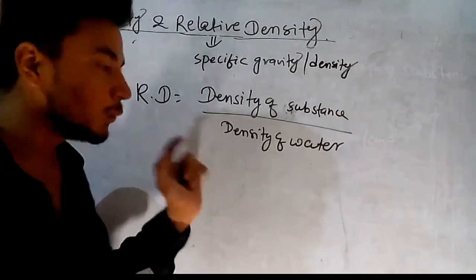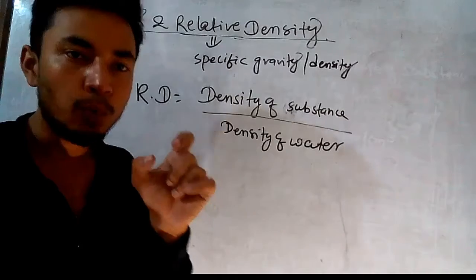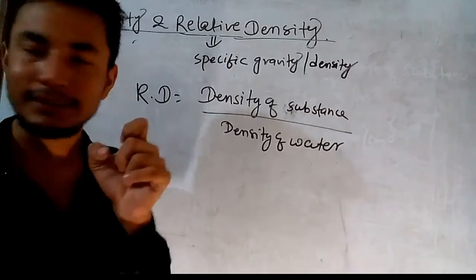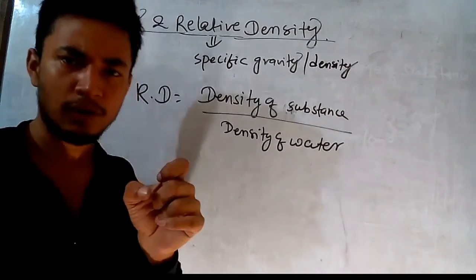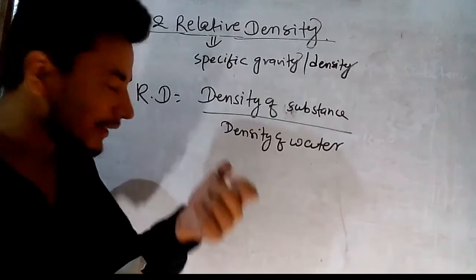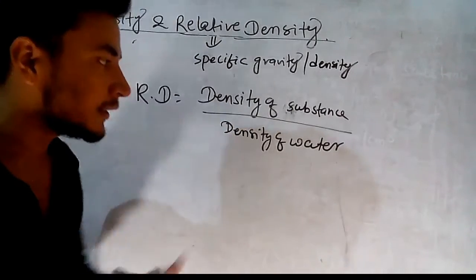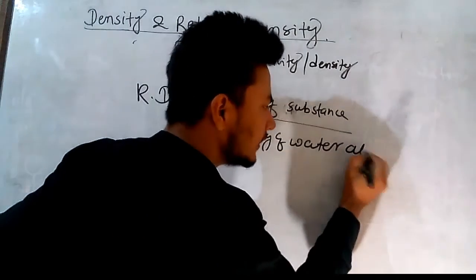So we take the maximum value, the density of water at 4 degrees Celsius.